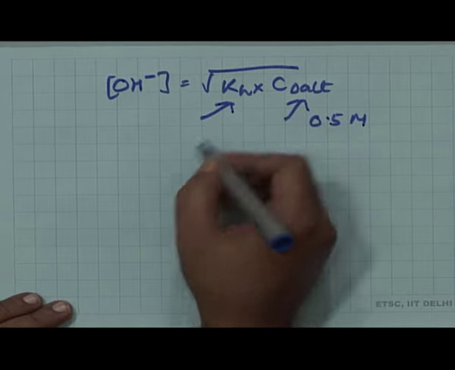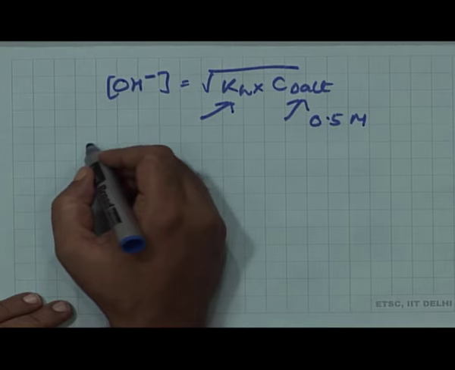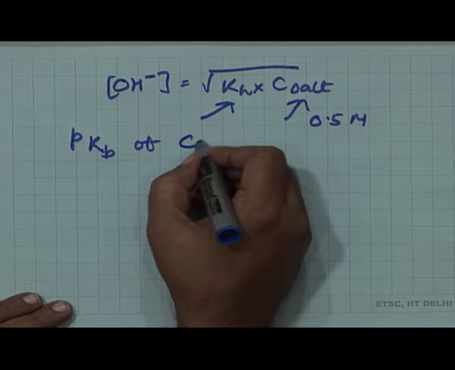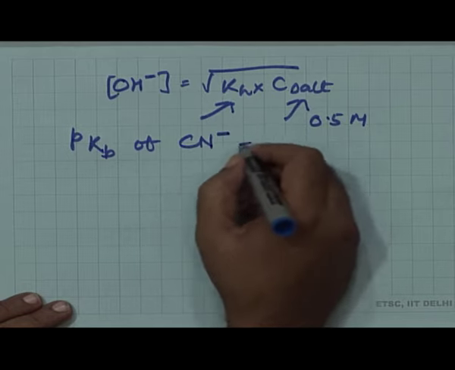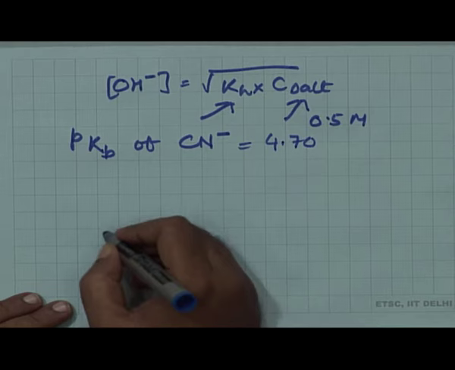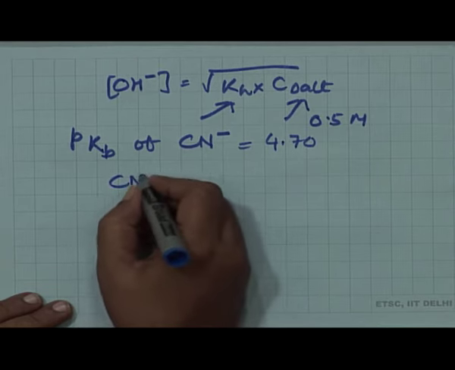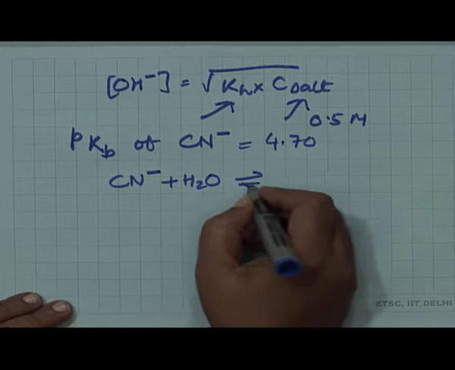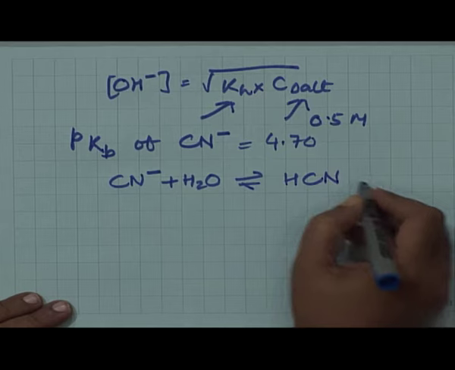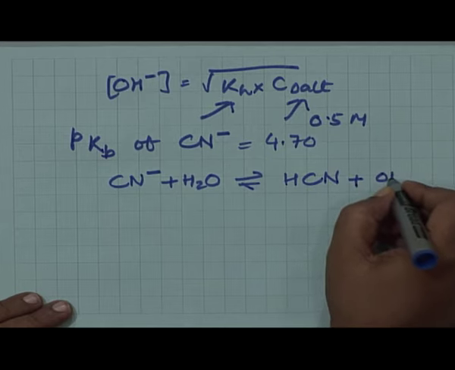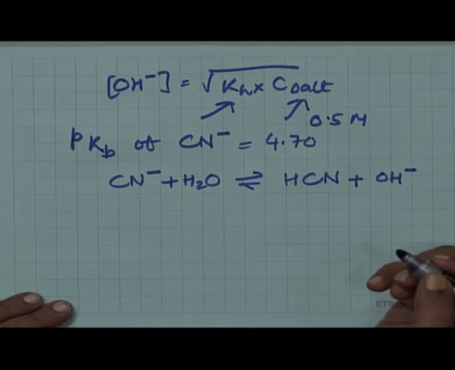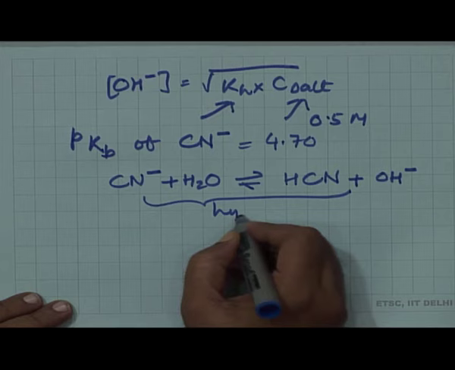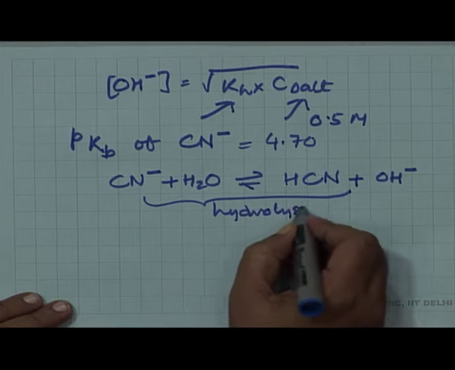We do not know the value of Kh. What is given is the pKb of cyanide ion, which is 4.70. So, if we take cyanide ion plus water, what we expect is that it will give you HCN plus OH minus ion, and this is also the hydrolysis reaction.